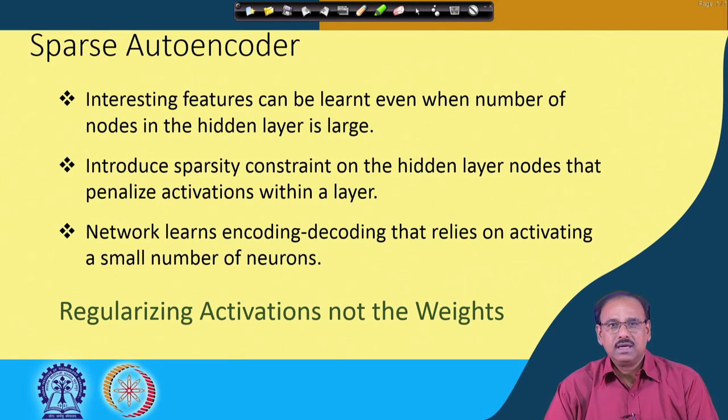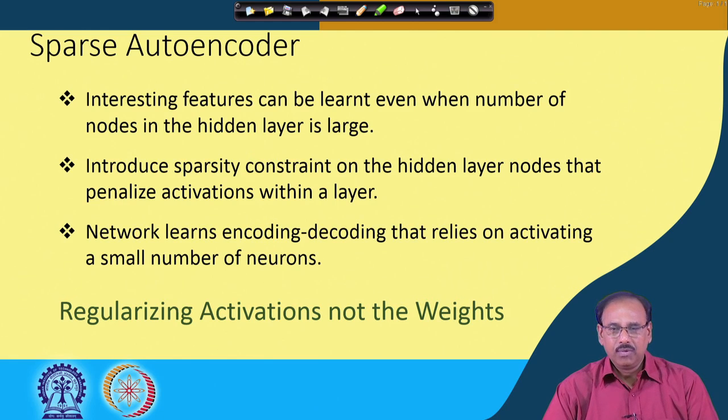The way it is done is you introduce a sparsity constraint on the hidden layer nodes. What this sparsity constraint does is it penalizes the activation of the hidden layer nodes, or in other words, you are trying to restrict the activation of the hidden layer nodes in the autoencoder. While doing so, the autoencoder learns an encoding decoding mechanism which relies on activating a small number of neurons.